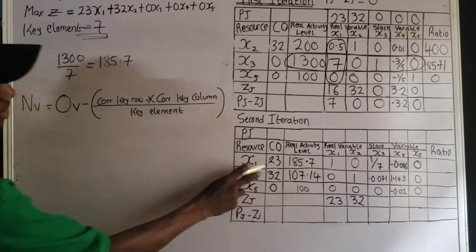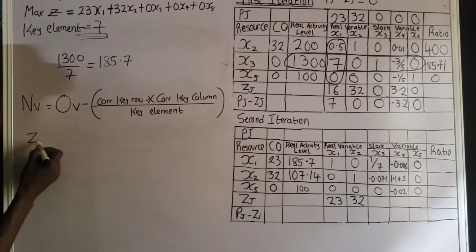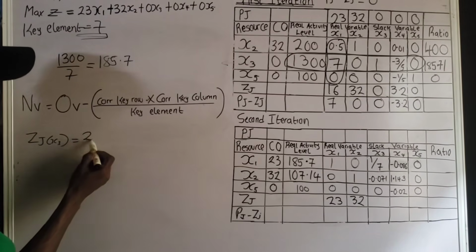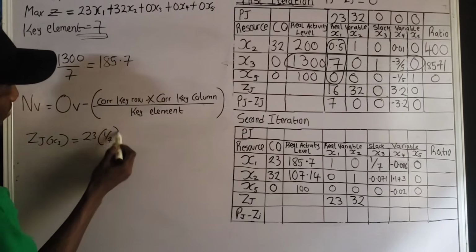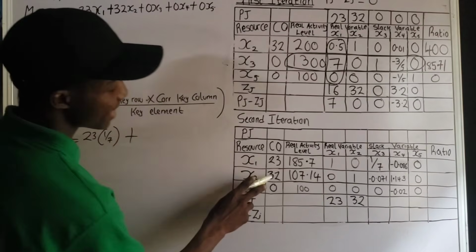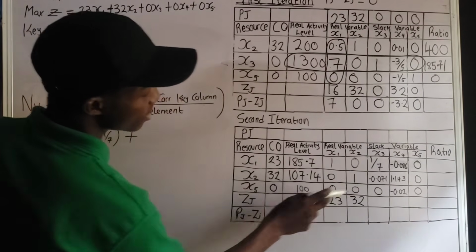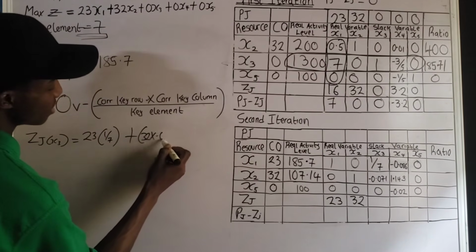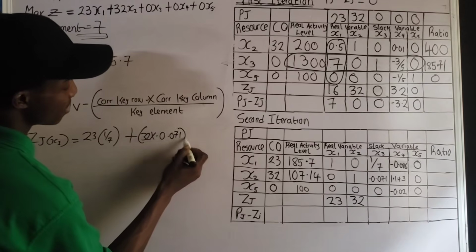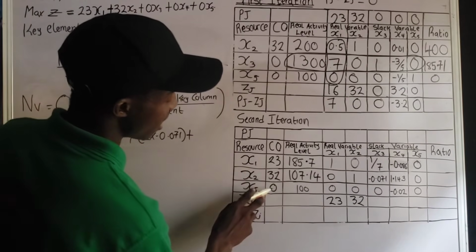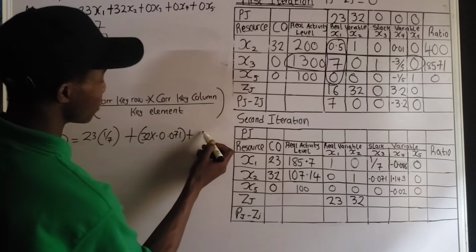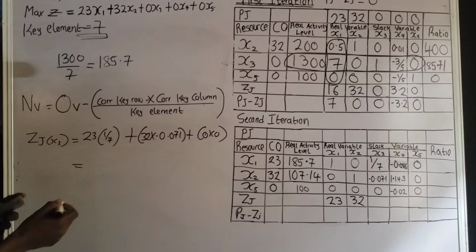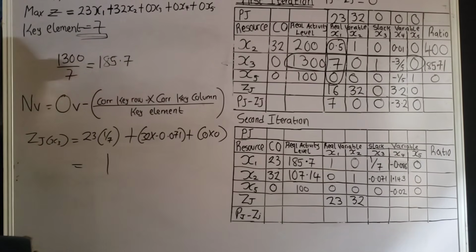That will be 23 multiplied by 1 over 7 plus 32 multiplied by minus 0.071 plus 0 multiplied by 0. If you compute this, you are going to get 1. The Zj for this is 1.